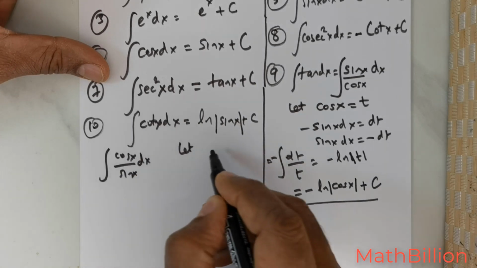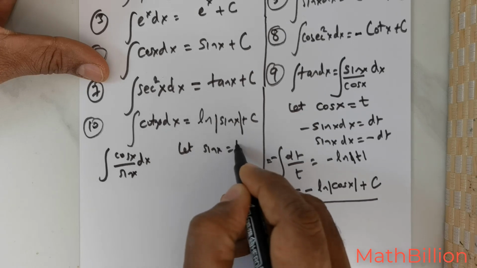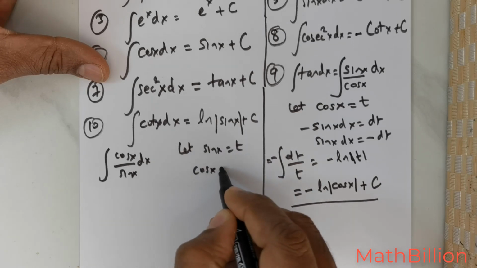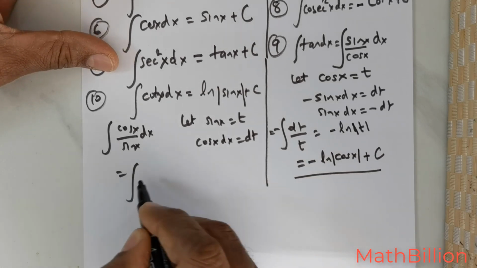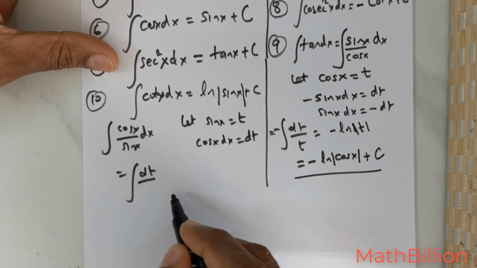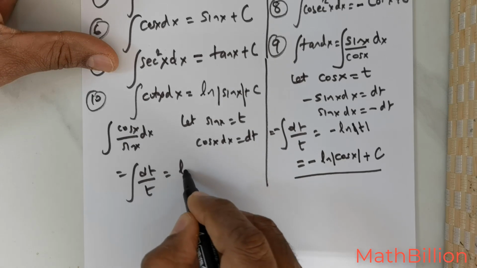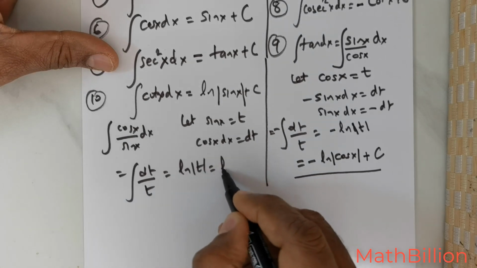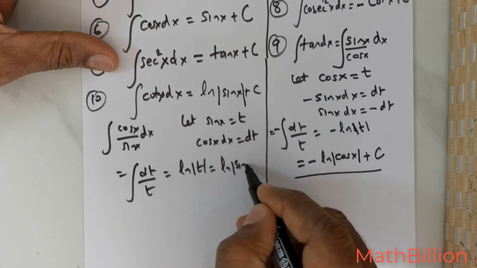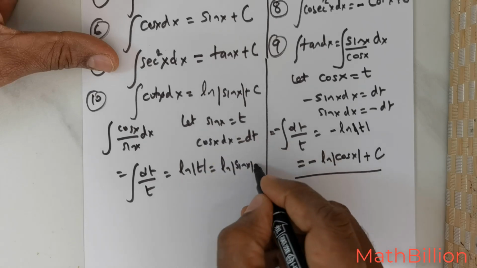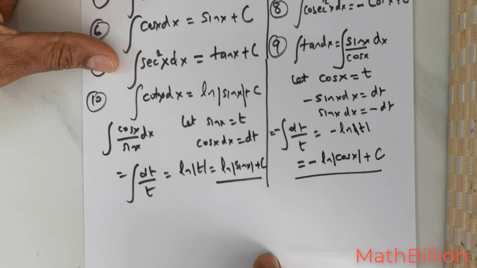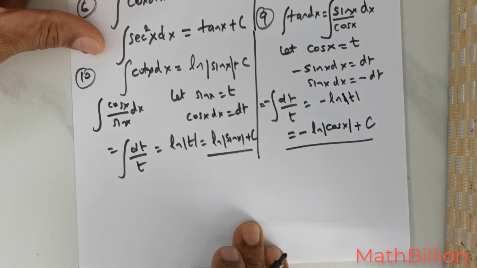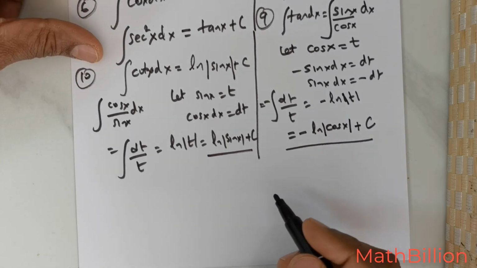Let me take the substitution sin x equal to t. I differentiate, I get cos x dx is equal to dt. Substituting that, I get dt over t, and this is ln of modulus of t, which is ln of modulus of sin x, since my value of t is sin x, plus arbitrary constant c. So that's why we got that value.